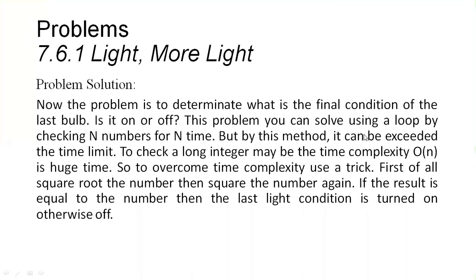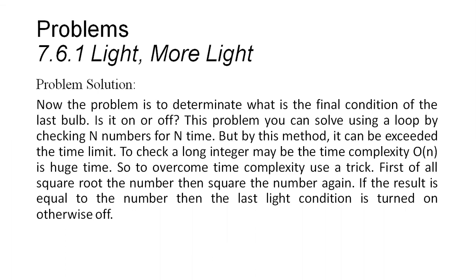This problem you can solve using a loop by checking n numbers for n times. We can use a loop by which we check the n light positions n times, like you are saying, by a matrix.